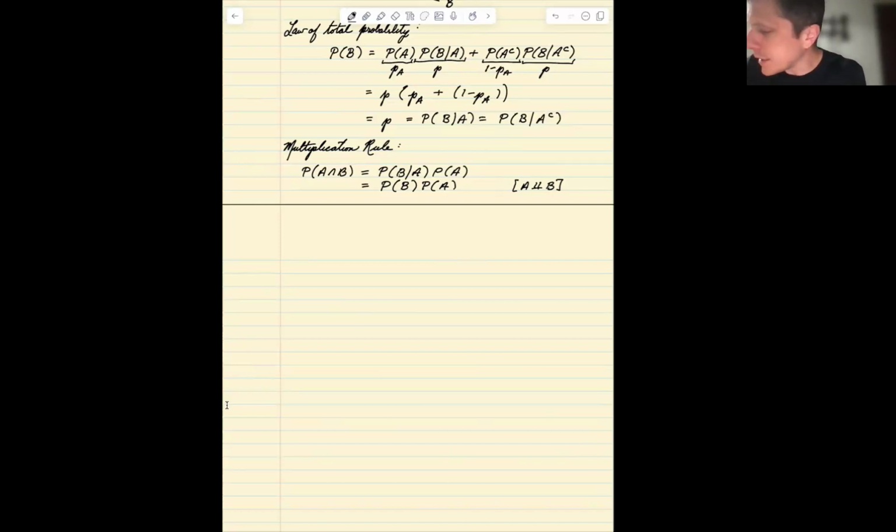Okay, so quick example, just to get our bearings. Assume we have two dice, one white, one black.